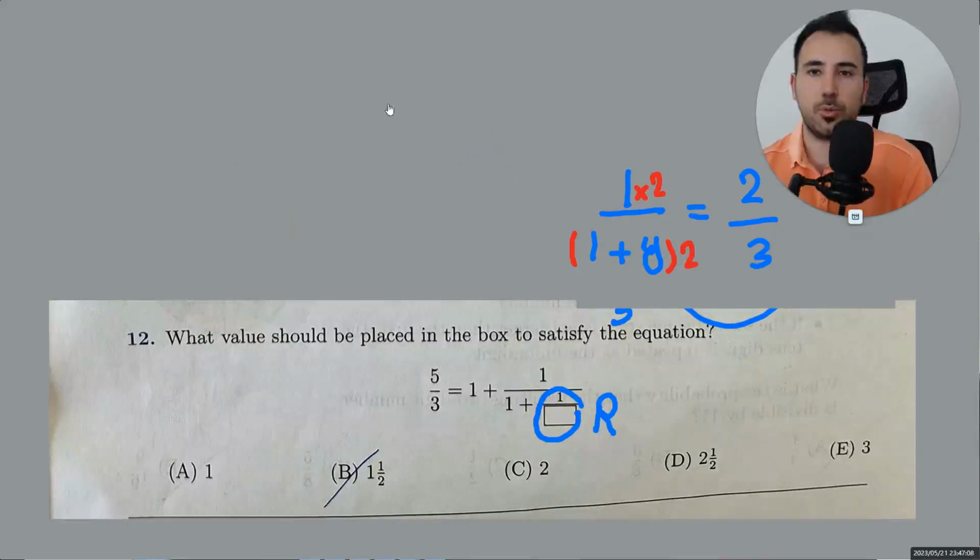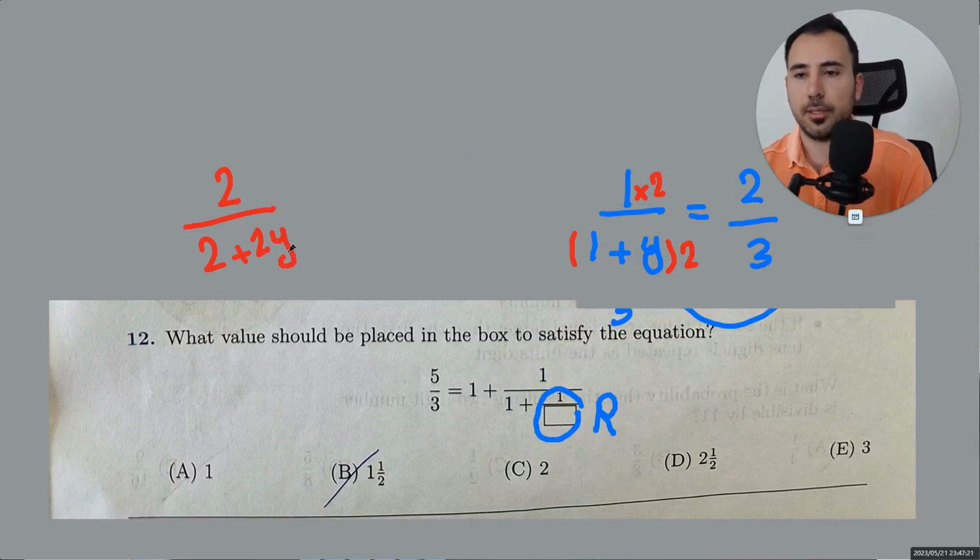Okay, you see it's too much work. Just guesswork, trial and error would be so much better. So it would be 2 over 2 plus 2y equals, oh, I call it r and then I use y. Sorry, guys. So 2 plus 2y. It has to be 2 over 3.